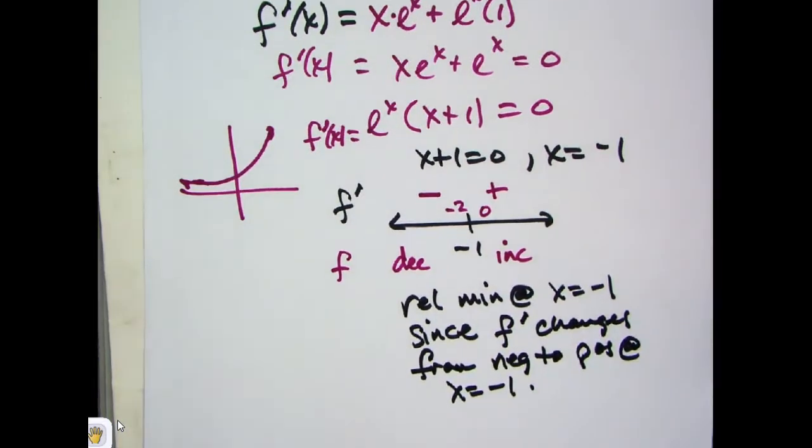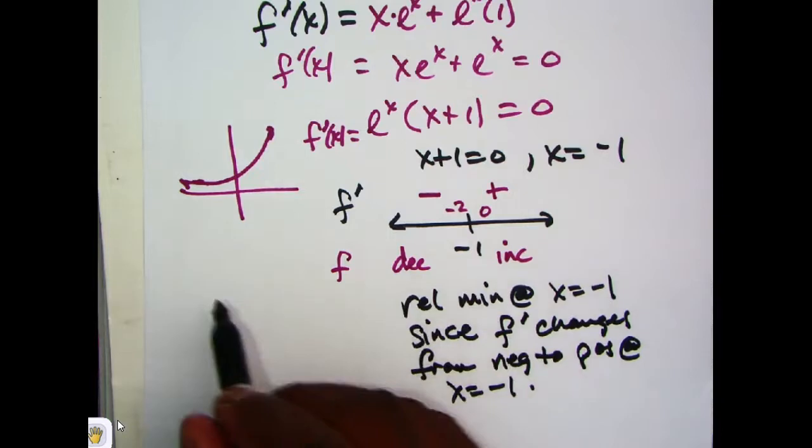Okay, now what is our minimum value? So our relative min occurs at x equals negative 1. What's the value at negative 1? Where would you substitute that? Edward, where would you substitute that? To find the minimum value. We know our minimum occurs at negative 1. What is our minimum value?